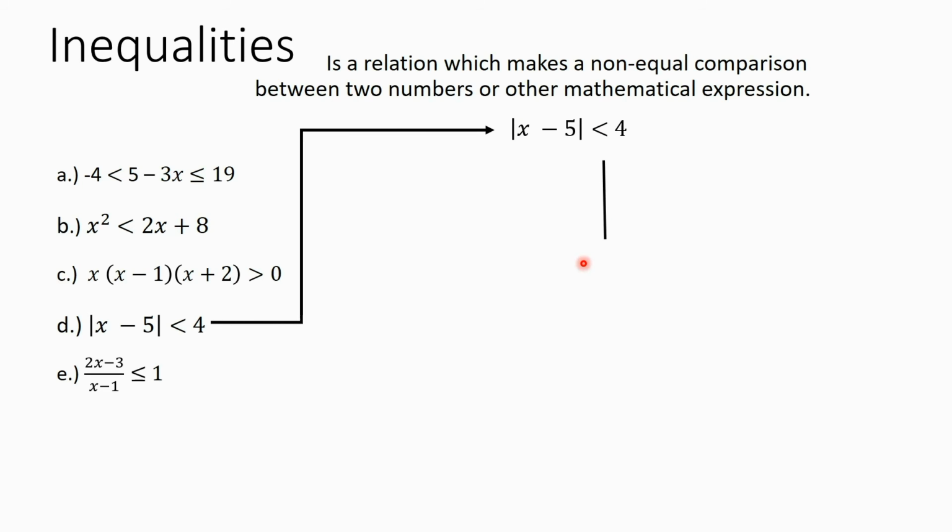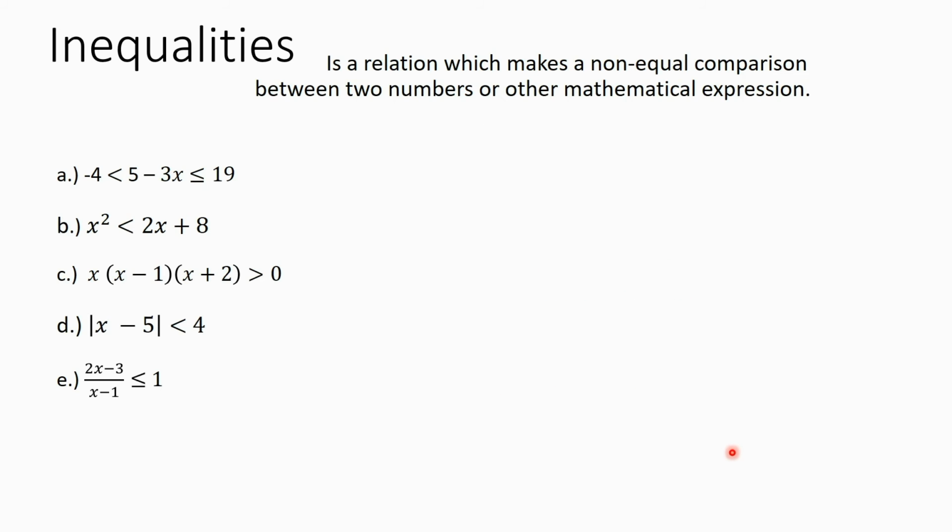Here it is still the same, because when we extract the absolute value, it will give you the positive and the negative. The positive will retain its inequality symbol, then the negative will reverse. Solving this one, x is less than 9 and x is greater than 9.